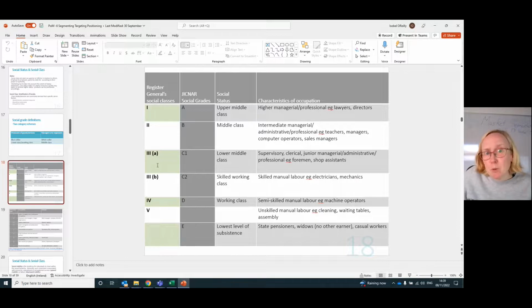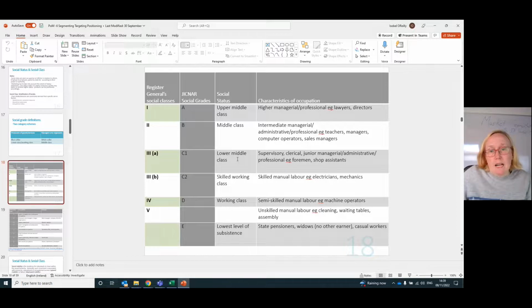So the next one in both cases is subdivided. So we've got the 3A and B, and we've got C1 and 2 for the lower middle class or skilled working class. They're roughly very similar to each other, and separate to the others. They're more similar to each other, this C1 and C2 or 3A and B, than they would be to the next one up or the next one down.